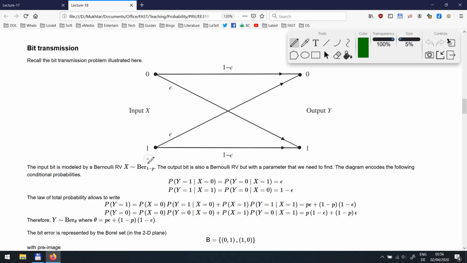Now what does that 1 minus p mean? 1 minus p is the probability of success. So p will be the probability of failure. It means that X equal to 1 will have probability of 1 minus p, and X equal to 0 will have probability of p.